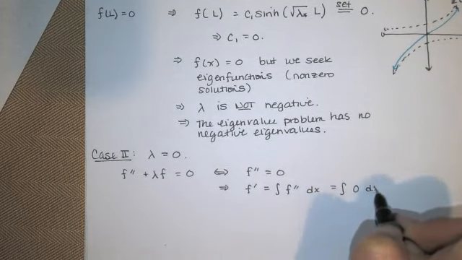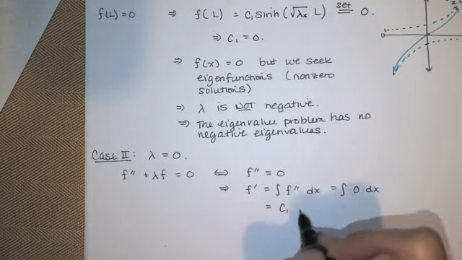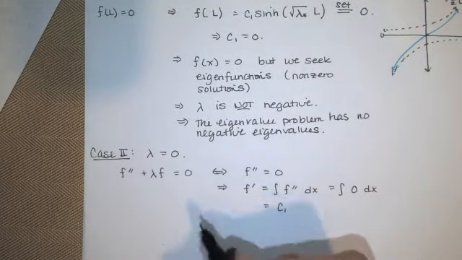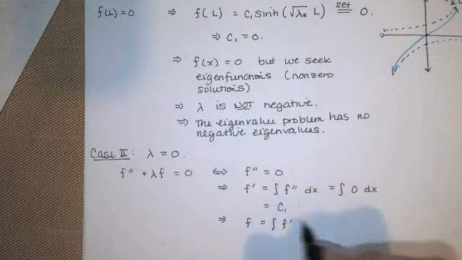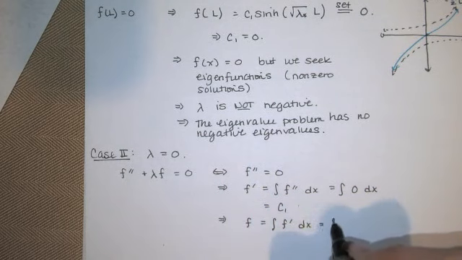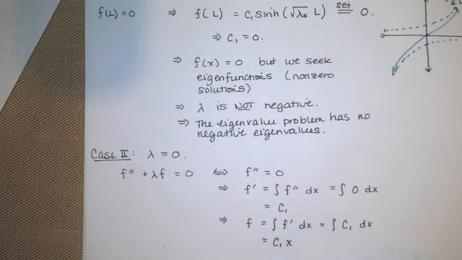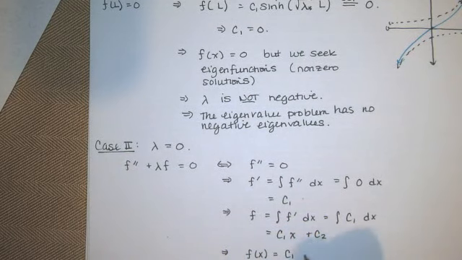In this case, that's the antiderivative of 0. Antiderivative of 0 is a constant, because the derivative of a constant is 0. Now we're trying to find f. So we'll anti-differentiate again. The antiderivative of that constant with respect to x is that constant times x. Then we'll add a constant. So that means that f of x is equal to this.